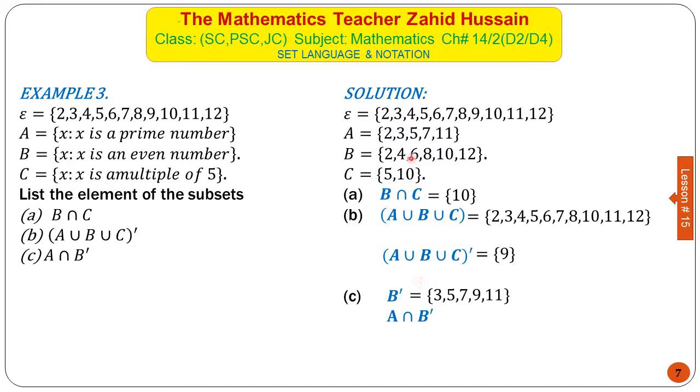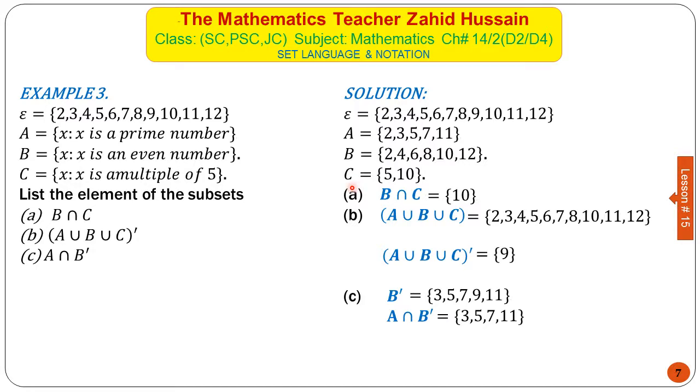The elements which are common in A and B complement are 3, 5, 7 and 11. So this is the type of question which has more than one operation, and they are exam type questions.